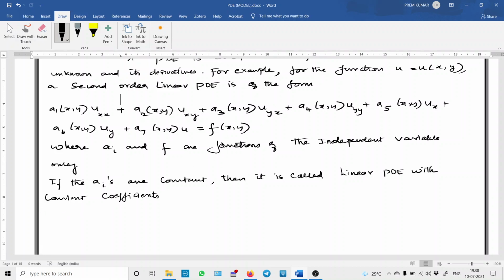What happens if the right hand side function is 0 at all points of x and y? That is the next definition we are going to see.